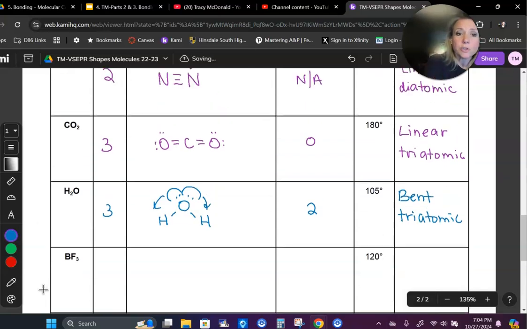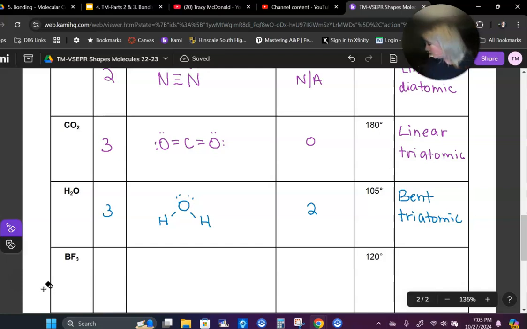Up here in CO2, even though I still have 3 atoms, there's nothing here to bend the molecule. That's why it's linear. That's why it's straight. So this is where VSEPR is coming into play. So if you've got unshared pairs of electrons around that central atom, well, now you're going to have a molecule that's not linear. You're not going to have the atoms distributed equally.